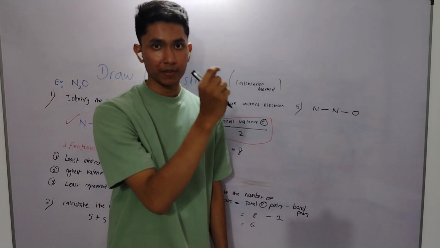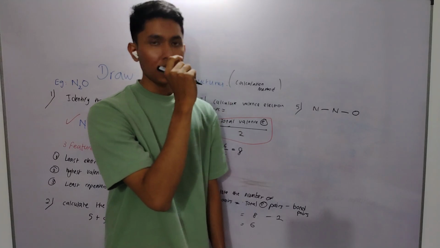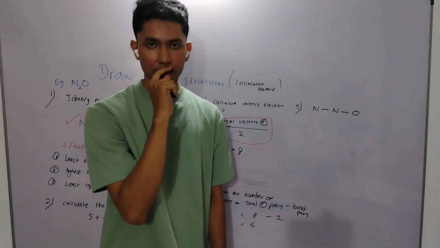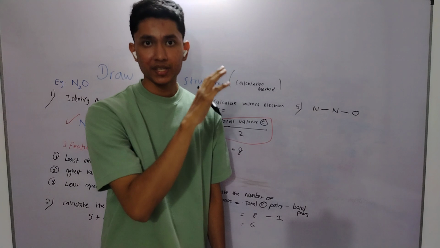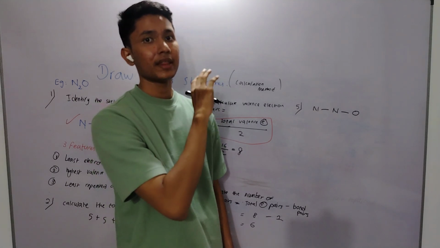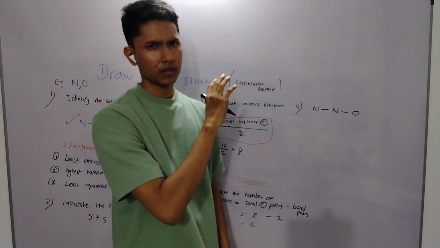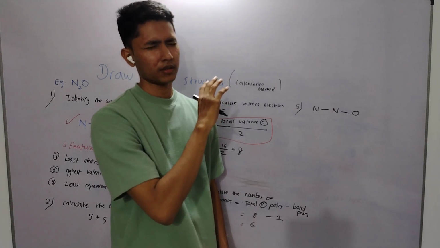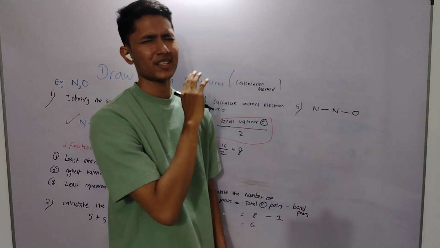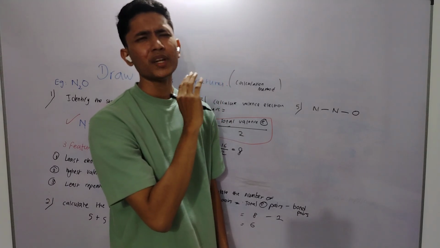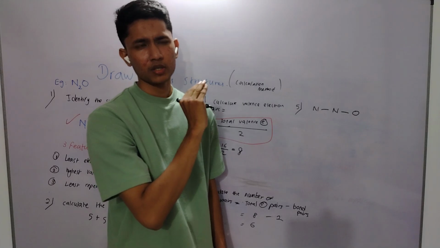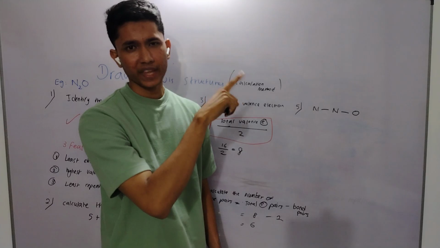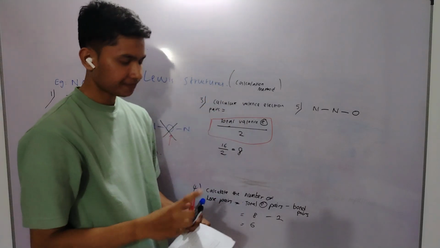We fill the terminal atoms so that their octet is complete. Octet means 8, so there will be 8 electrons in the valence shell.